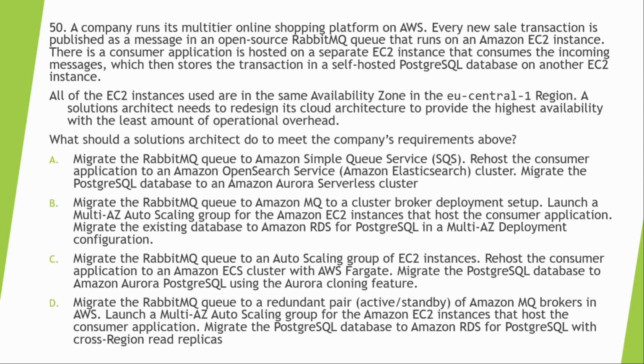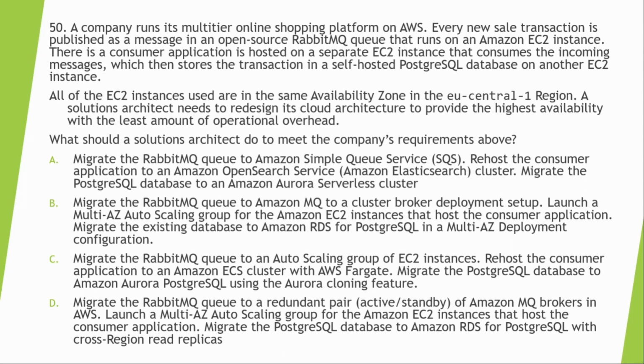MQ will ensure that you have high availability, and you're creating a clustered broker, no problem. Easily you can move RabbitMQ to MQ, and you have a great cluster broker deployment setup, which is like a big cluster for a lot of messages, something like Kafka you can say.